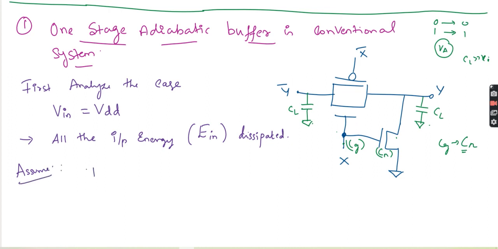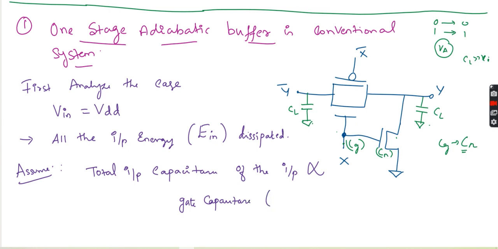that the total input capacitance of the input, that is the total input node capacitance of the input, is directly proportional to the gate capacitance. Directly proportional to gate capacitance, or I can say Cn, right?